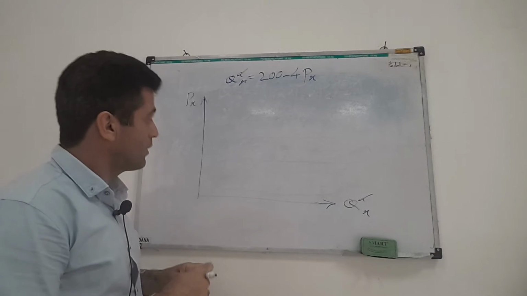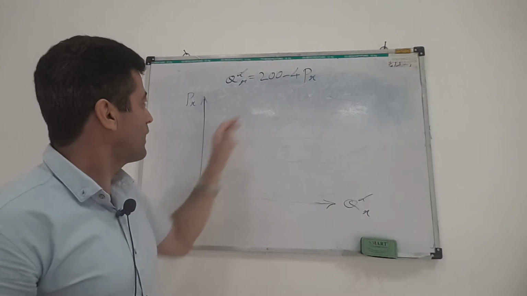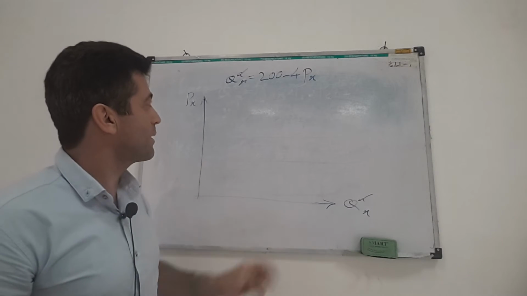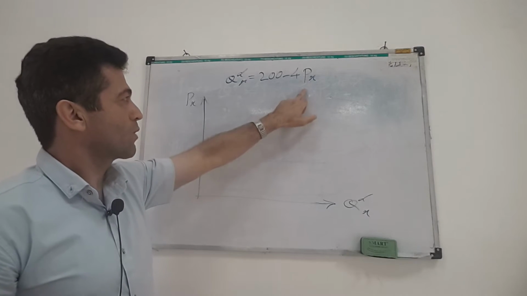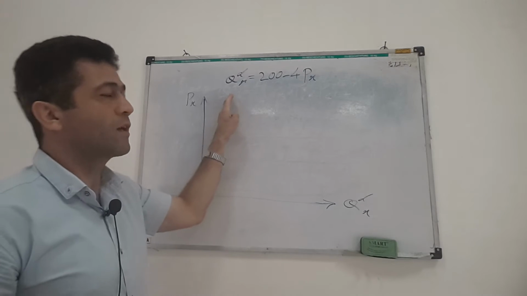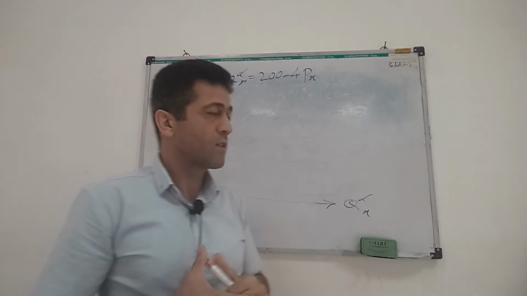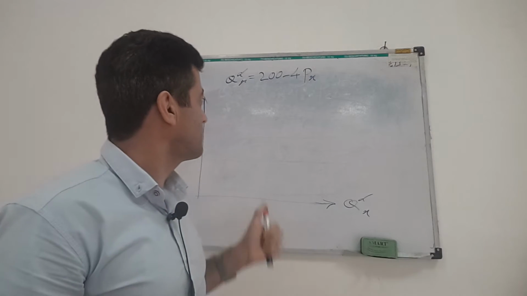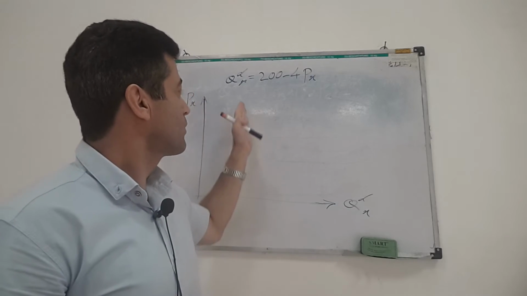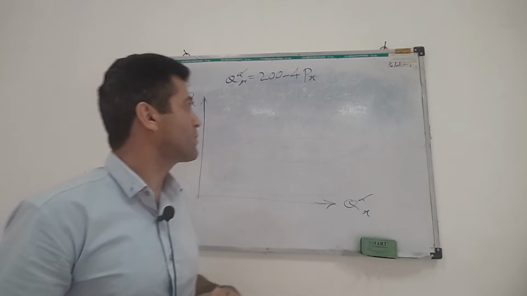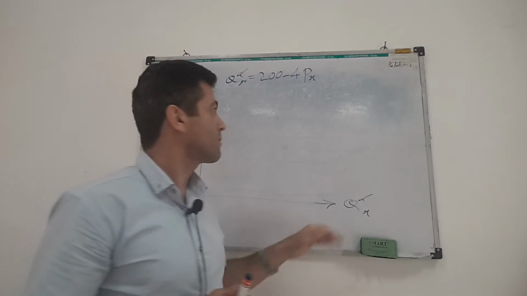Here, the easiest way to find and draw the demand curve is considering one time P equals 0, and another time I consider Q equals 0. It means the simplest way to draw the demand curve is finding the intercepts for the y-axis and x-axis.